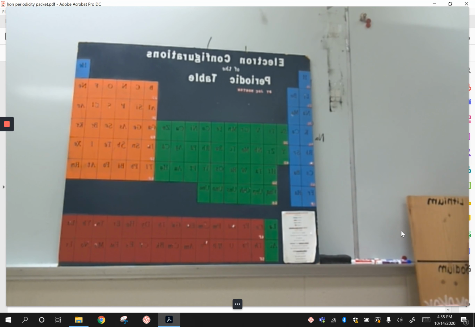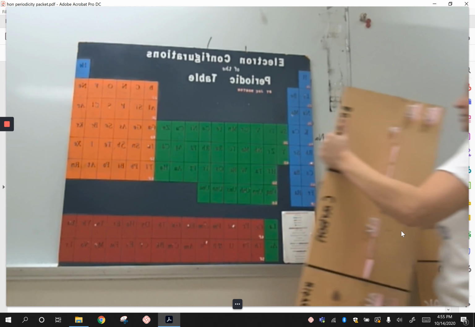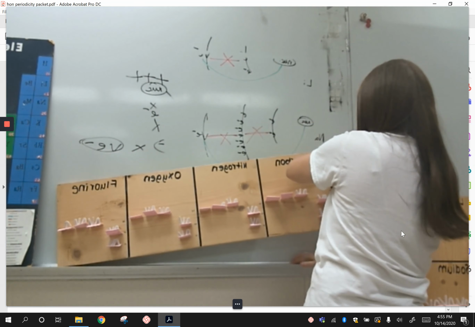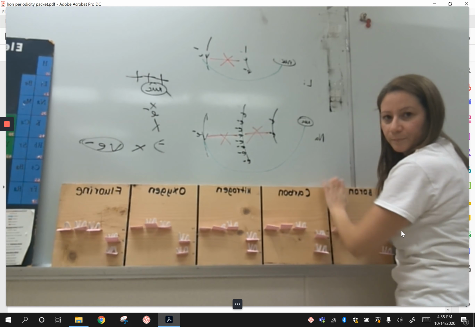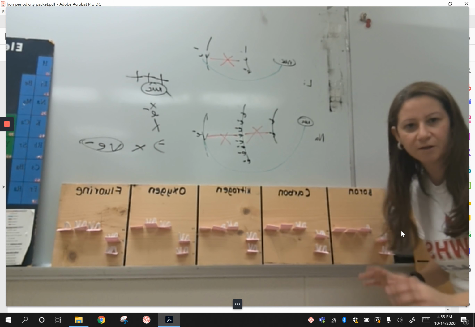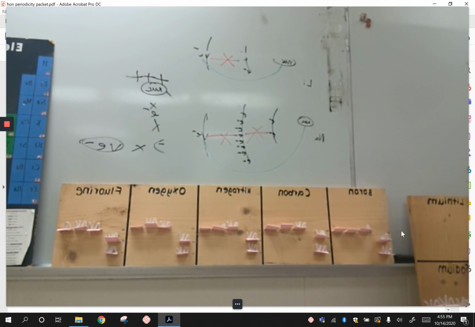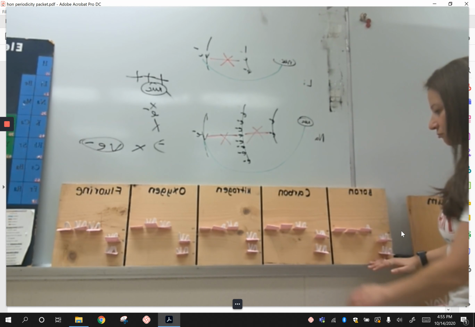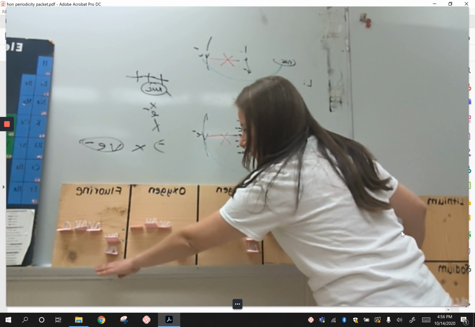So let's look at this here. Hopefully you can see it better with this. So this is going across a period, I apologize. So boron to carbon to nitrogen to oxygen to fluorine. The nucleus is right here, right? The bottom here.